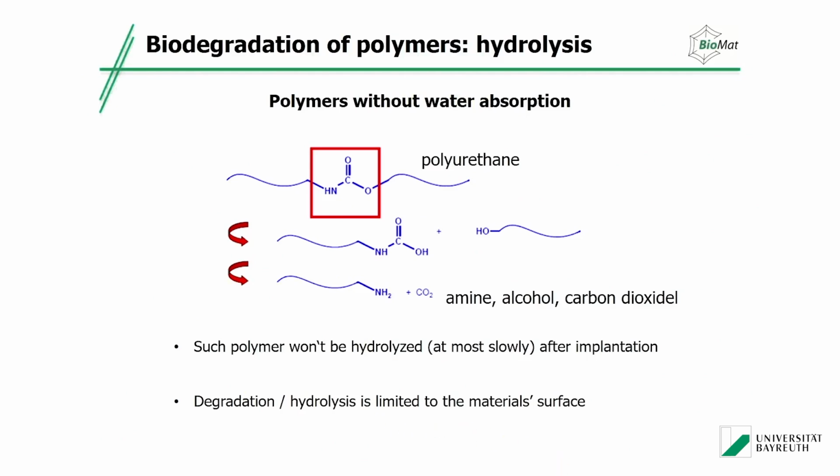So, for instance, polyurethanes can be used as replacement materials in the Achilles tendon. So you have to be aware that the hydrolysis won't go on within the first 5, 6, 7 years, but then over time this can happen and you can actually get these kind of byproducts. But because the polyurethane is not uptaking water, the degradation will be limited to the material surface.